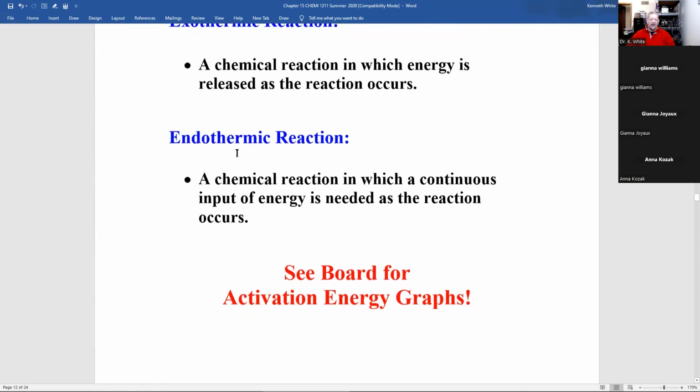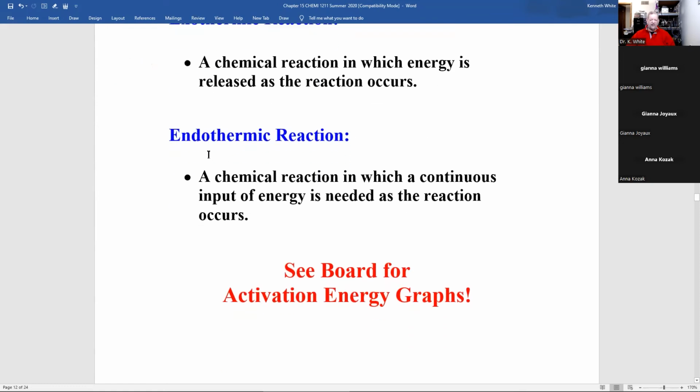Now, the other type is endothermic. An endothermic reaction is a reaction in which a continuous input of energy is needed as the reaction is occurring. Another way of saying that: endo means in, taking in.